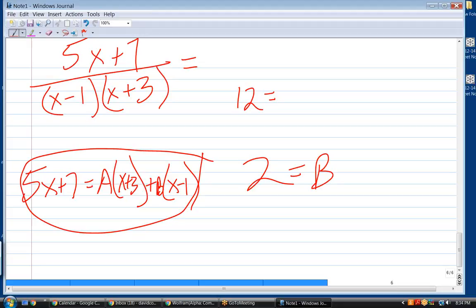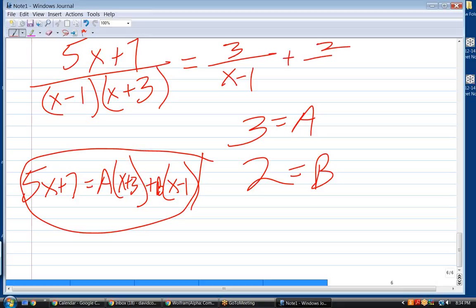What's the right side? 3A, x is 1, or 4A. Now I've solved for A. A equals 3. Well, if A equals 3 and B equals 2, then it's 3 over (x minus 1) plus 2 over (x plus 3). And there's my answer.